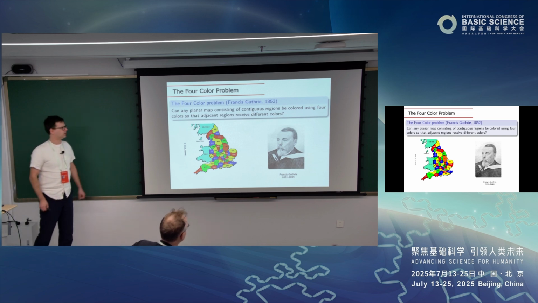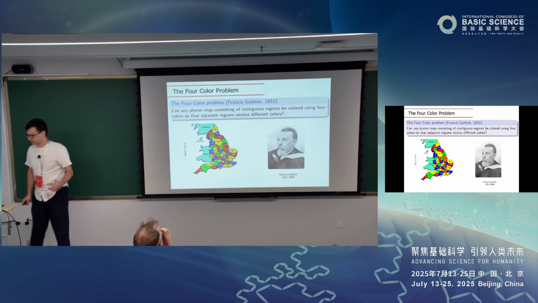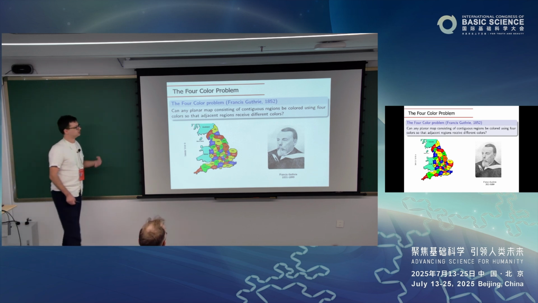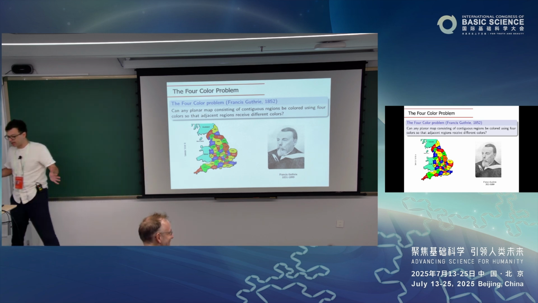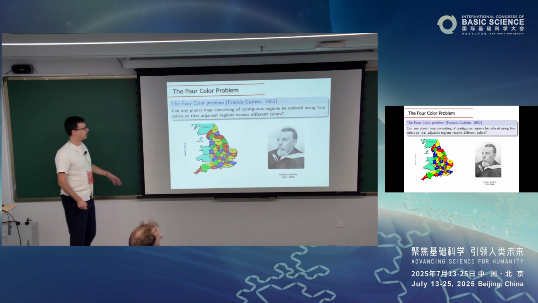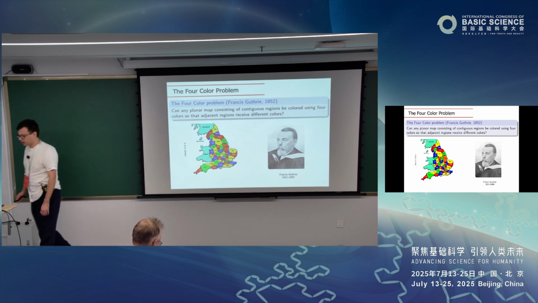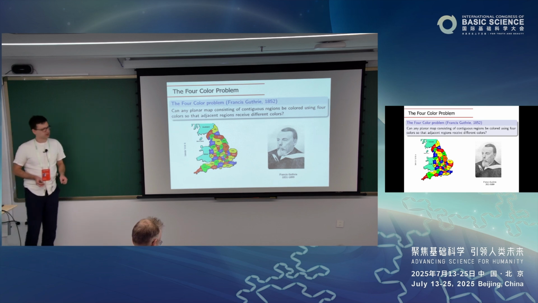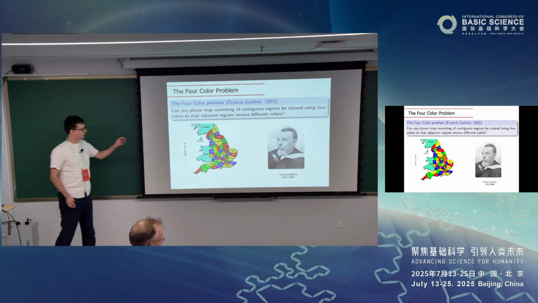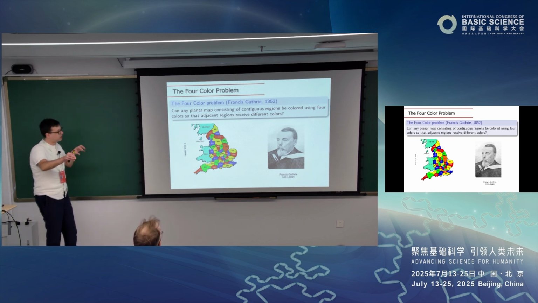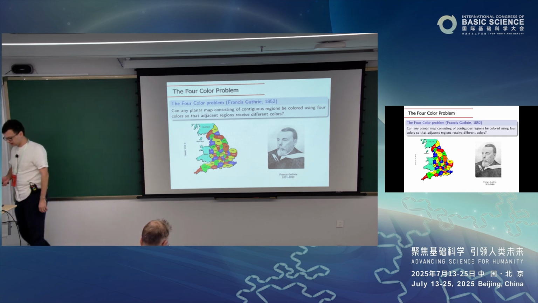And he noticed that he could do it using only 4 colors, and being brave, based on this one example, he conjectured that this is possible for every such map. So he famously asked this question, which became the 4-color problem, whether every planar map consisting of contiguous regions, so every region needs to not have islands, can be colored in 4 colors so that adjacent regions are distinguishable.